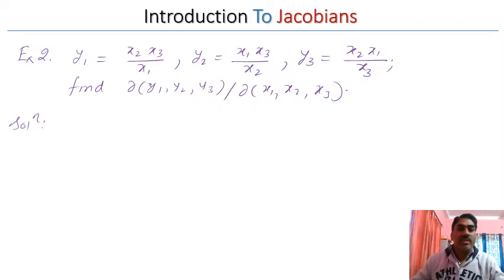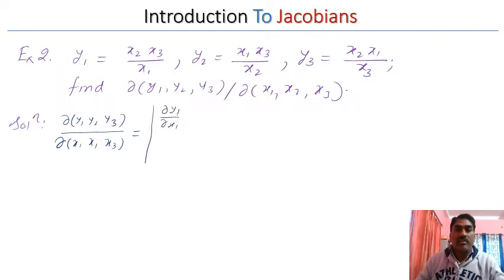So write the definition of the Jacobian. Jacobian of y1, y2, y3 with respect to x1, x2, x3 is equal to del y1 by del x1, del y1 by del x2, del y1 by del x3.